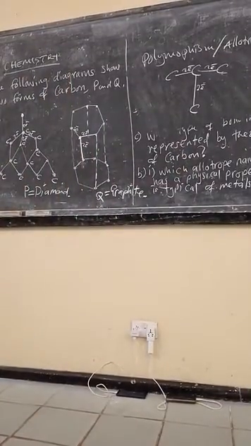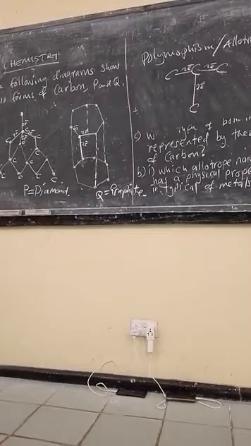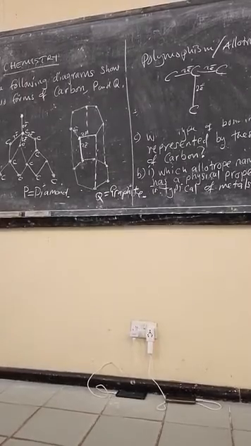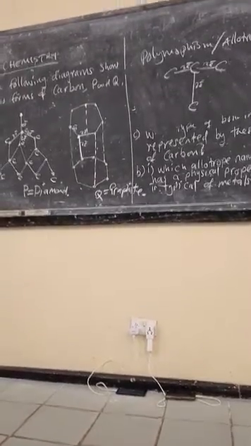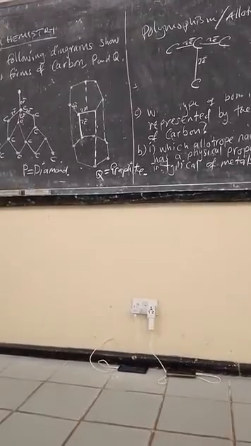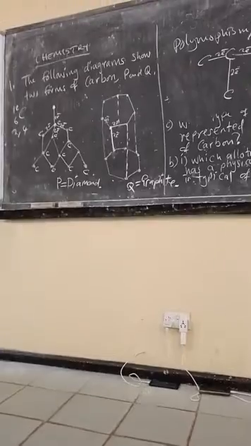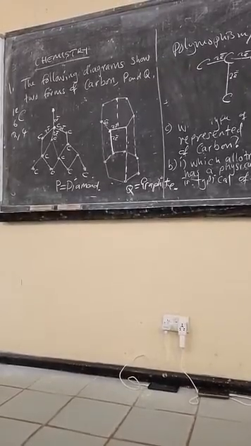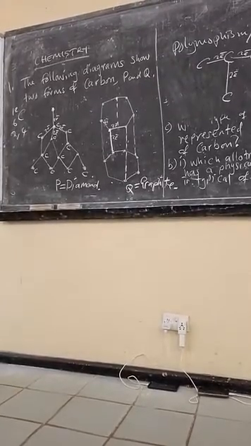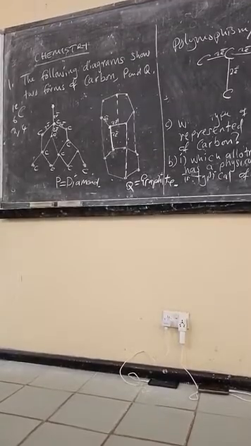You can now ask: an allotrope, a polymer? Yes, we can term it as a polymer, but normally we reserve that one for organic chemistry.